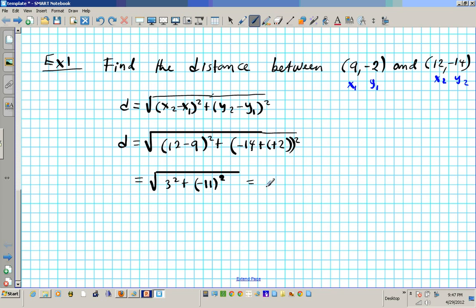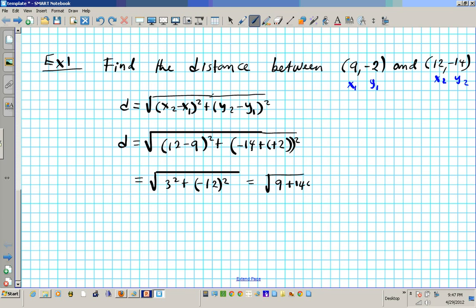Alright, and then that further becomes the square root of 9 plus 144. I'm sorry, I wrote 11 and 121 earlier; this is supposed to be 12, and it's supposed to be 12 right here. So 12 squared is 144. Alright, so let me fix that real quick. So this is negative 12 squared, and then when you square that, this piece right here becomes 144.